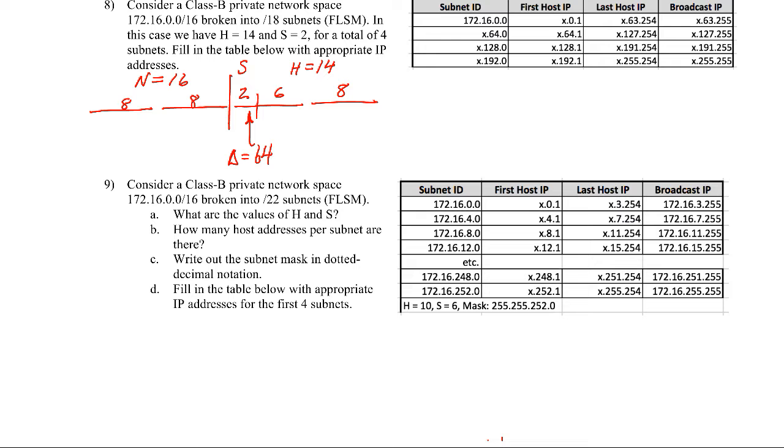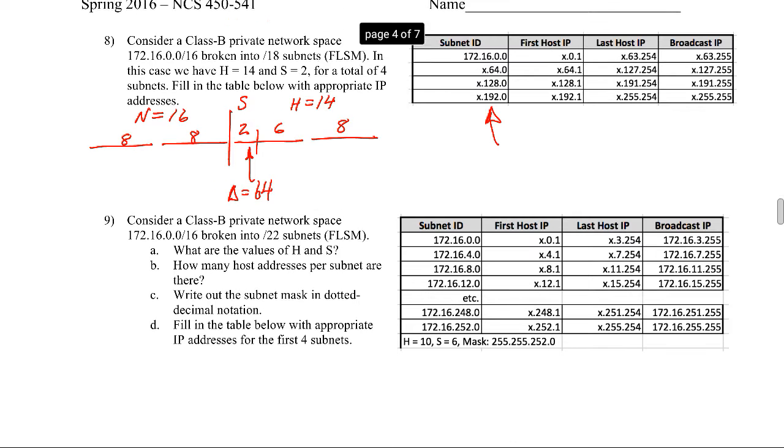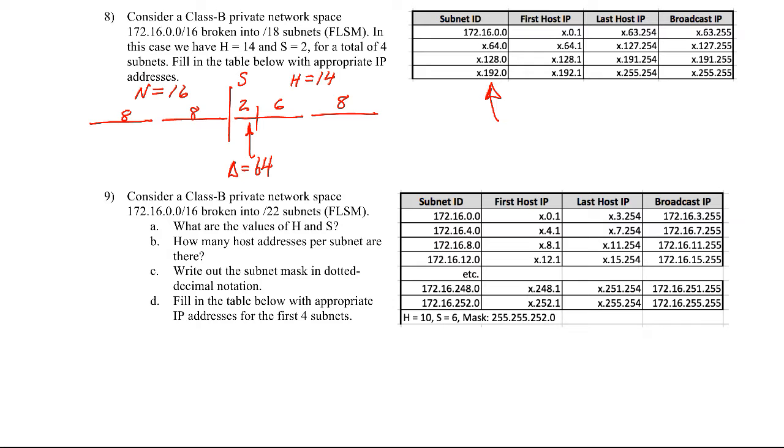And exactly what is happening here, as you can see in the table when I make the IP addresses: 172.16.0.0, 64.0, 128.0, 192.0. I'm going to add 1 to each of those for the first host IP. That's easy. The broadcast address, you have to watch out now.